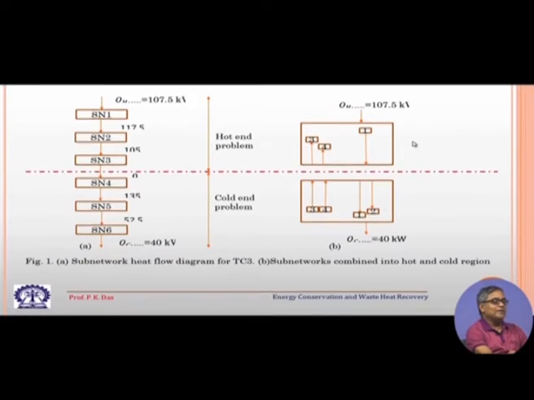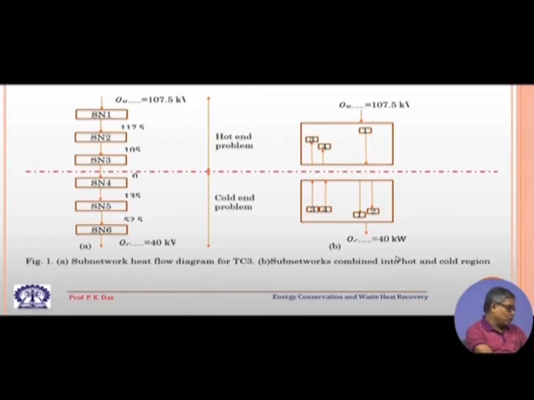So, the problem has been divided into two parts. The first part is your hot end problem, the top one, and the second part is your cold end problem, and in between there is the pinch temperature. So, in the sub network flow diagram we can see the sub networks combined into hot and cold regions.